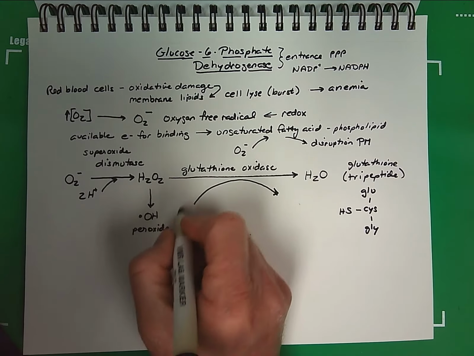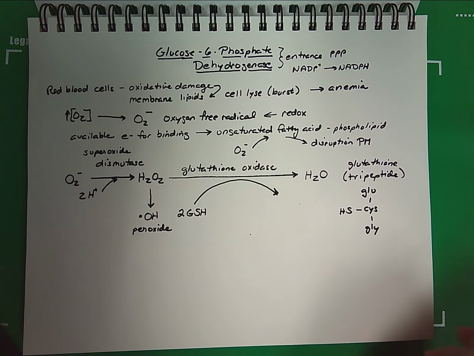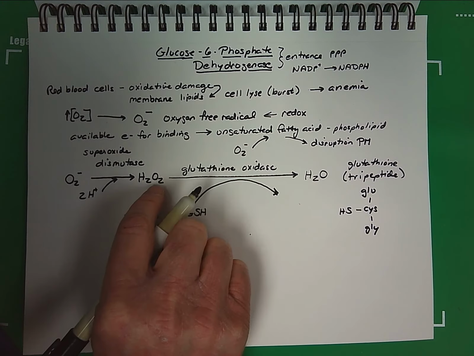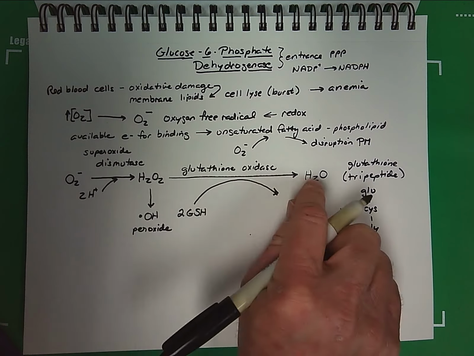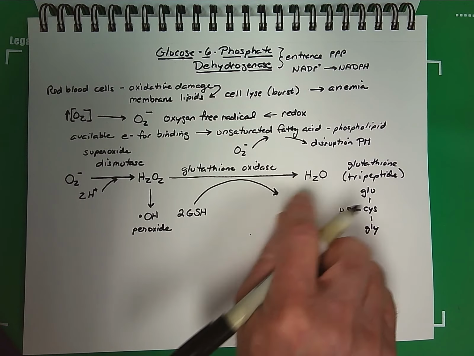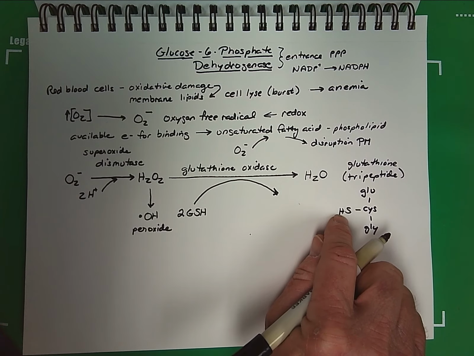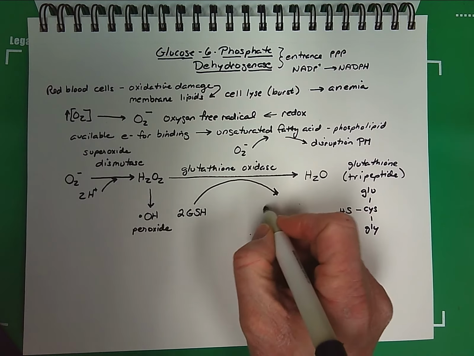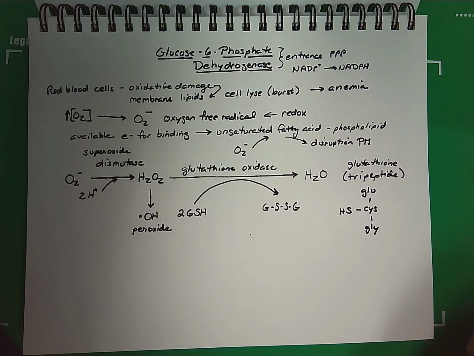So we are going to be using 2 glutathione tripeptides. Notice that this is in the reduced state. We're going to oxidize the hydrogen peroxide to form water, and in doing so we're going to transfer electrons from the free sulfhydryl of the cysteine residues, and what we will generate is the oxidized form of glutathione.